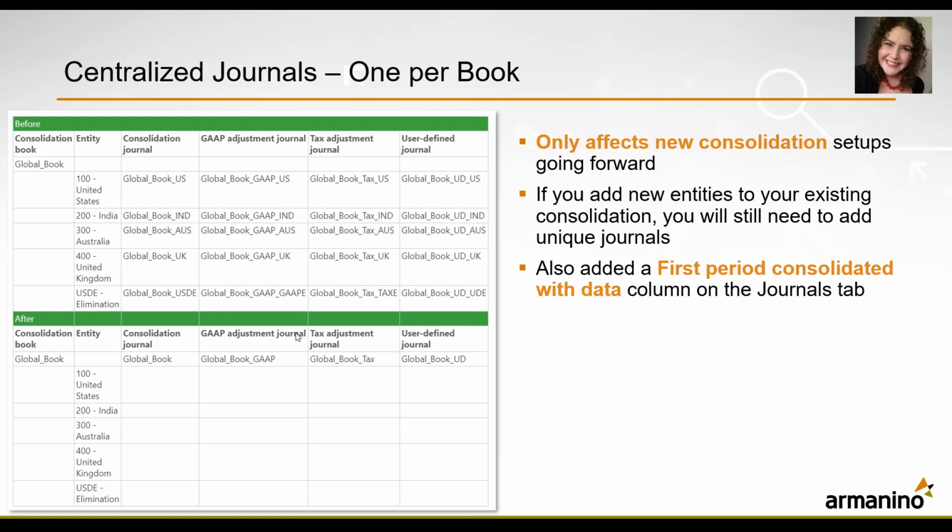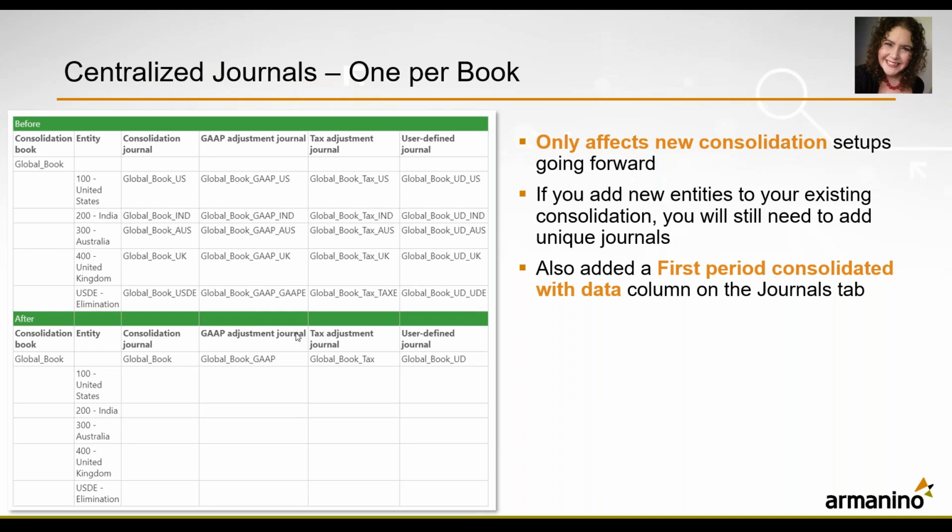It's only going to affect new consolidation books that are set up on a go-forward basis. So if you need to fundamentally change something about your consolidation, like what account your balance sheet adjustments and currency fluctuations are going to, or something else fundamental on that first setup screen, you would need to create a new consolidation book.